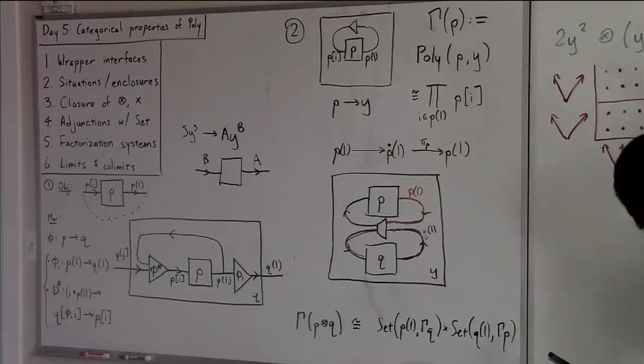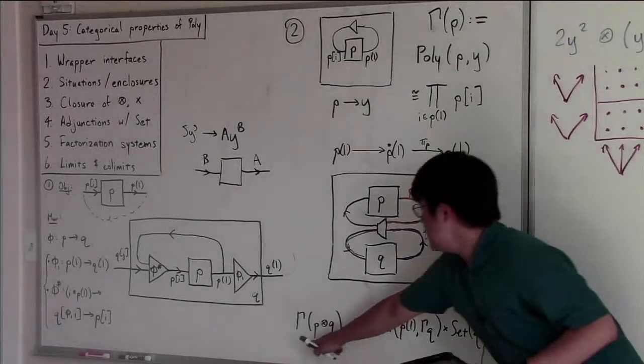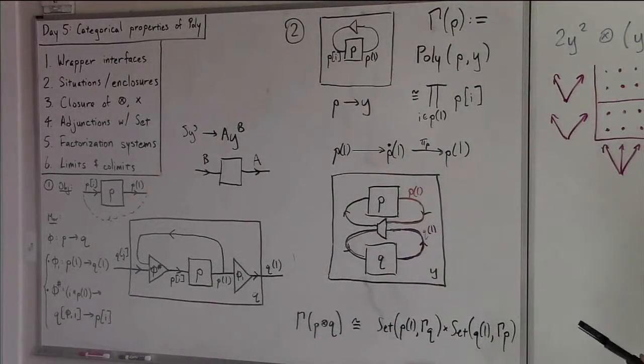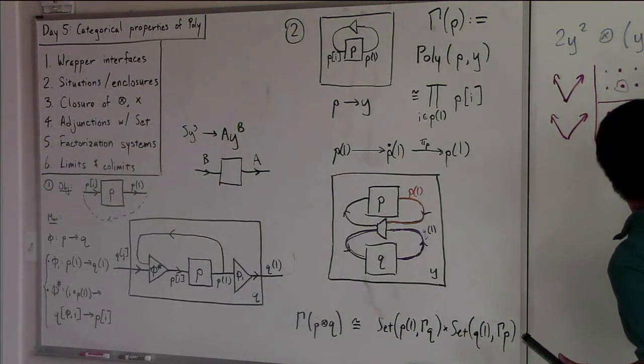This one also has 2 times 1. And picking an enclosure for P tensor Q is just picking a direction for each position. It's kind of like a direction field on this kind of thing. So let's say we pick this one, this one, this one, and this one.